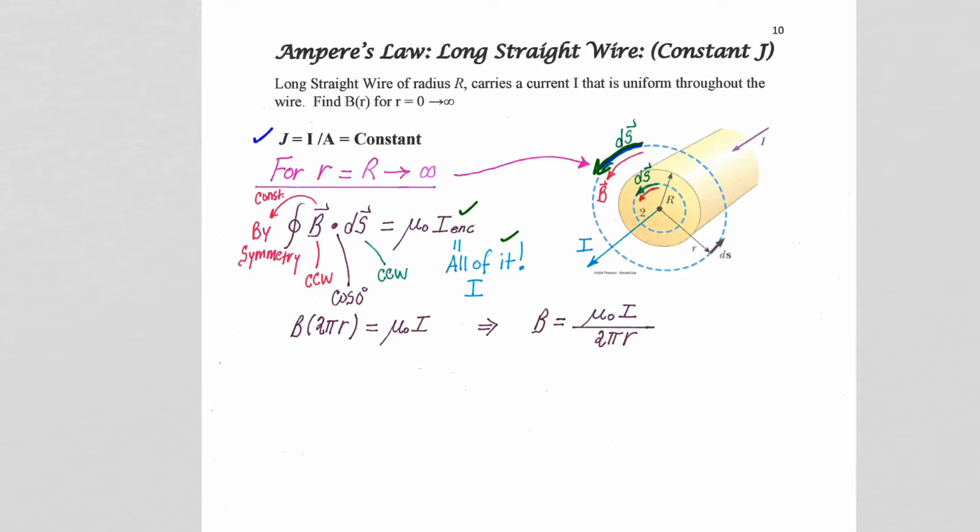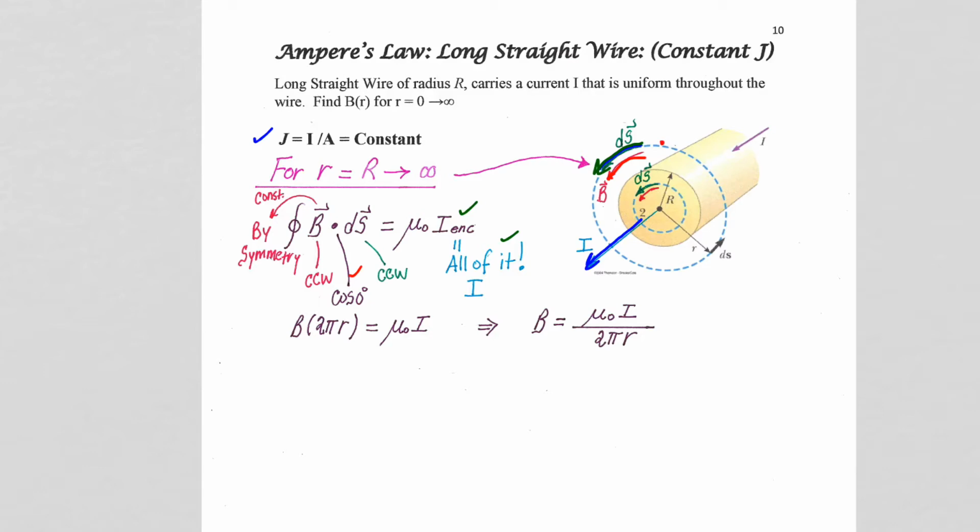The B field, they show us, is coming out of the paper here. Current is coming out of the paper, so the B field runs counterclockwise. So we get cosine of 0 degrees between the B vector and the ds vector. They both run counterclockwise. B comes out as a constant by symmetry on the Amperian loop.